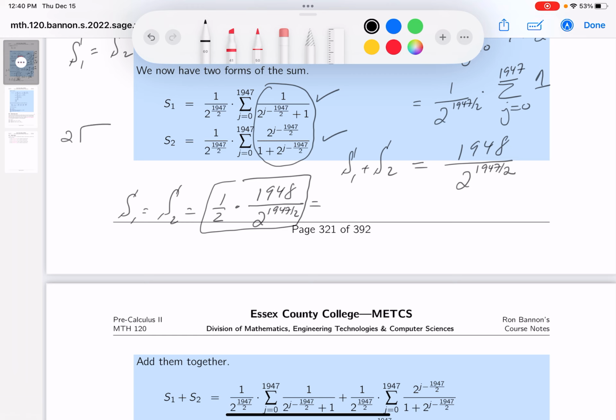So 2 into 1948. That goes in what? 9. That's 18. And then you get, let's see, 1, 4, 8. Let's see, 7. That's 14. You get an 8, 4. 9, 7, 4.